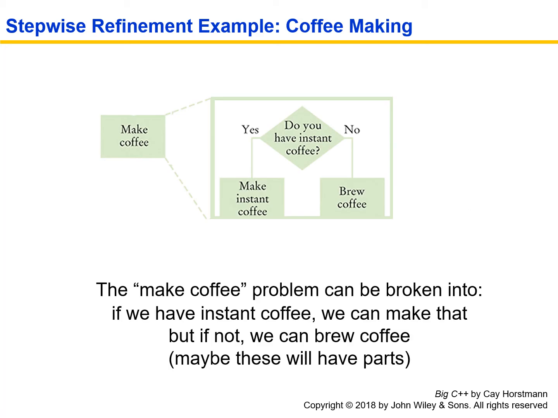The book uses the possibly silly example of making coffee, but it's a good example of how human brains go about breaking down tasks.